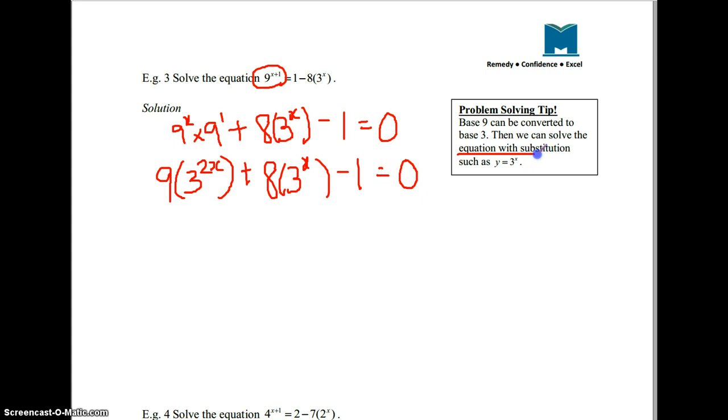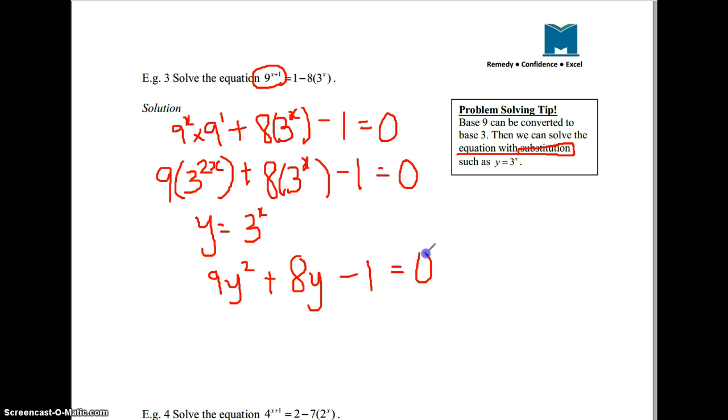As you look on this table on the right, you have to learn how to do substitution, meaning I am going to let y be equal to 3 to the power of x. Then I will have 9y square, because 3 to the power of 2x is actually 3 to the power of x square, so it's y square. Y square multiplied by 9 is 9y square, plus 8y minus 1 is equal to 0.